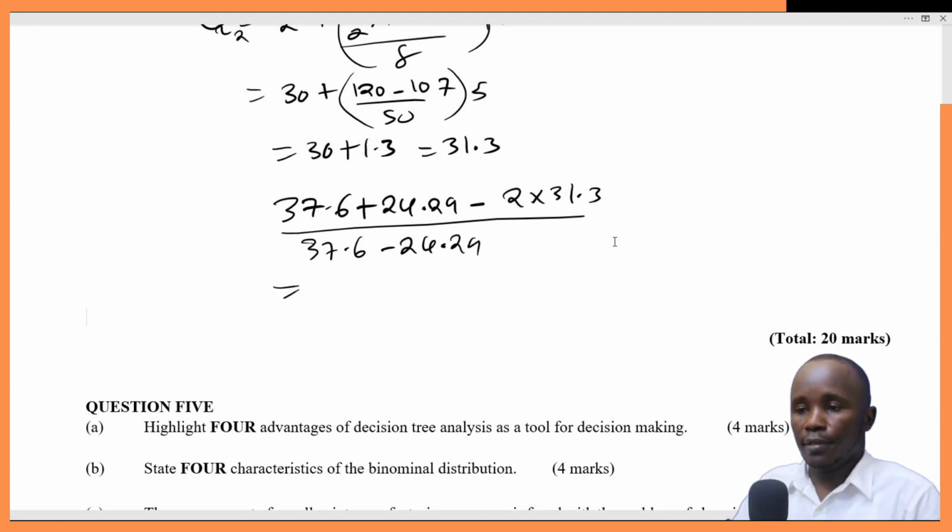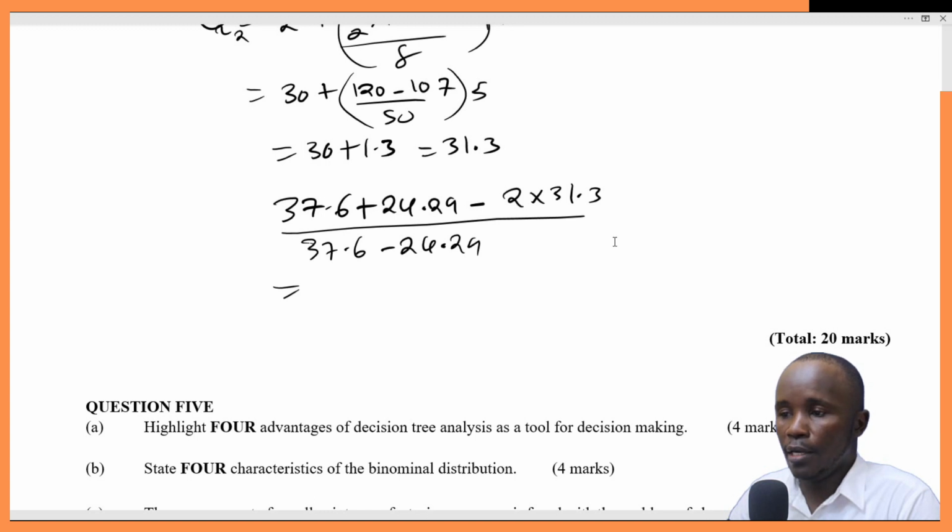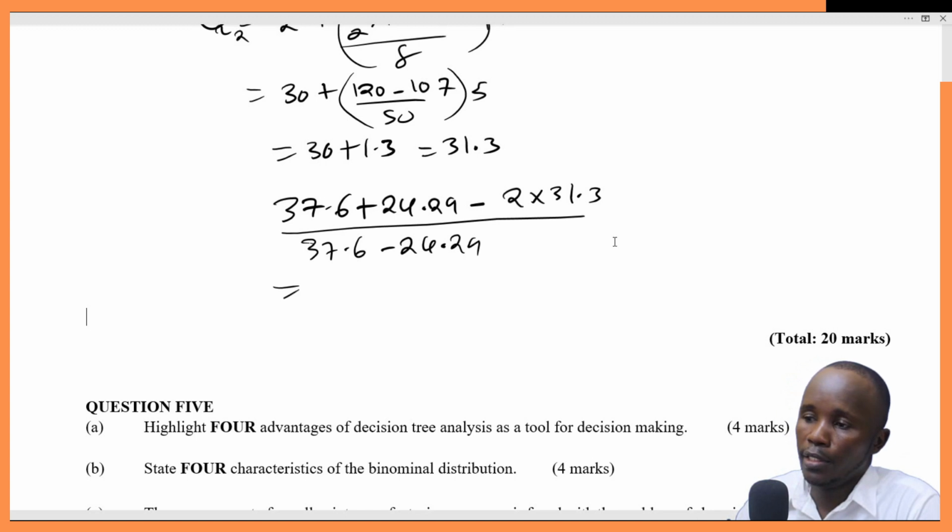Let's do our maths. Here we have 37.6 plus 24.29, then minus 2 times 31.3, that is 62.6.